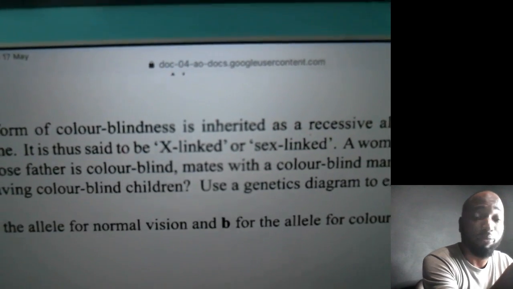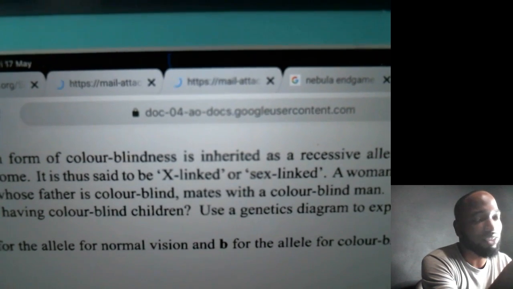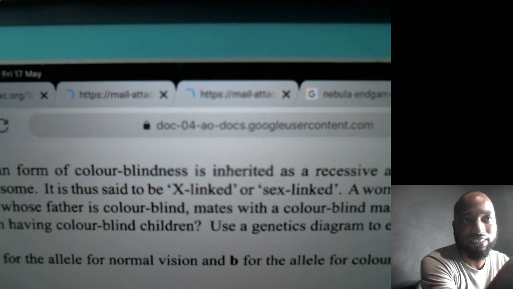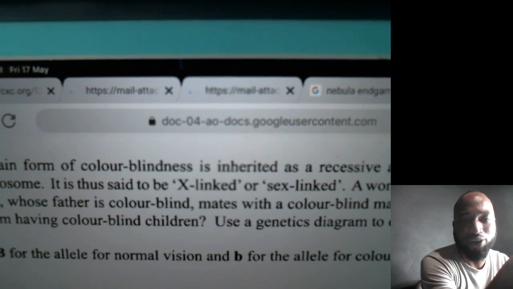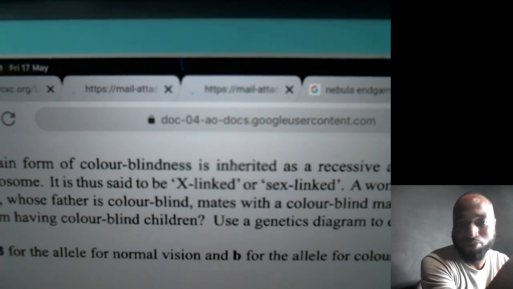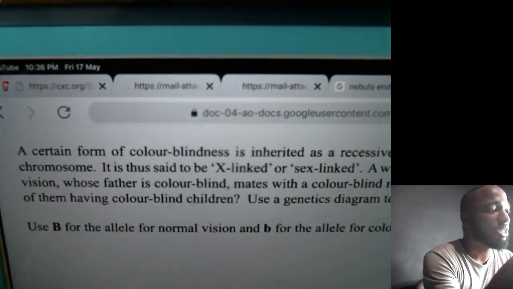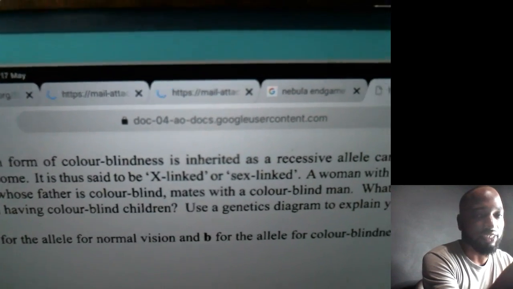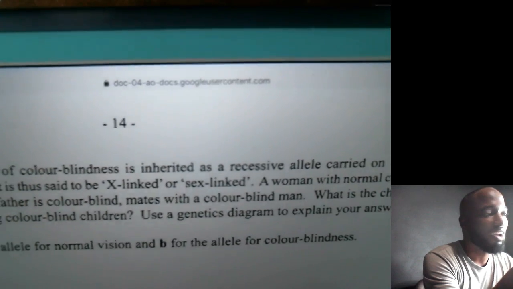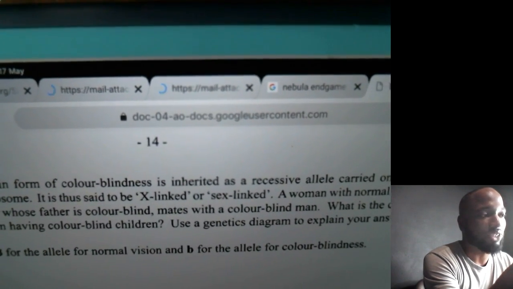At least that's what I remember. I could be wrong, but I think it's longer, so most of the traits come on that. And because of that, when you work it out, a lot of the recessive traits will end up on men. So men would suffer with color blindness more than women. Anyhow, a certain form of color blindness is inherited as a recessive allele on the X chromosome. It is thus said to be X-linked or sex-linked.